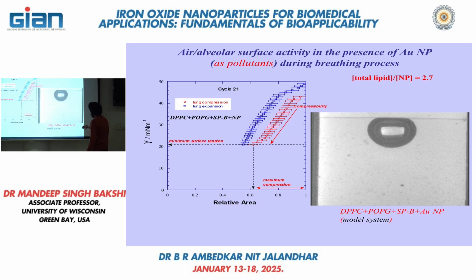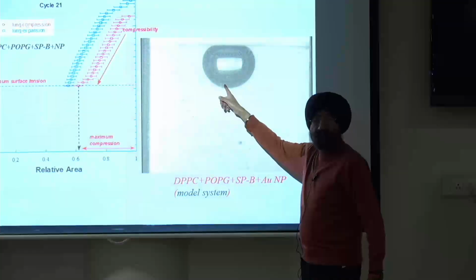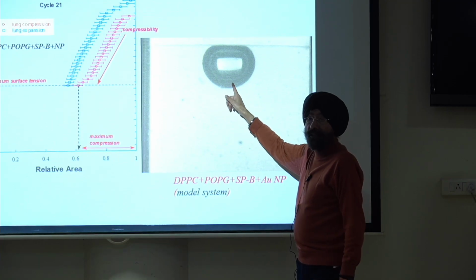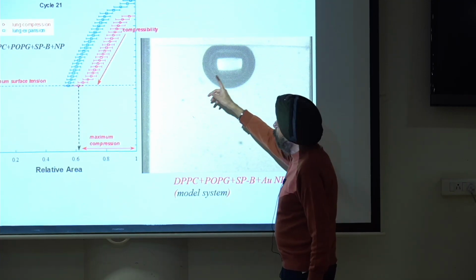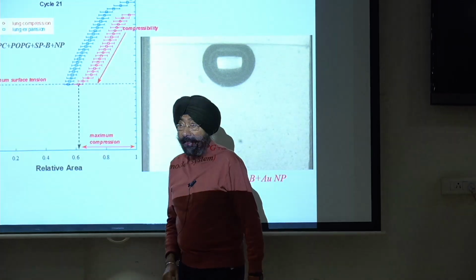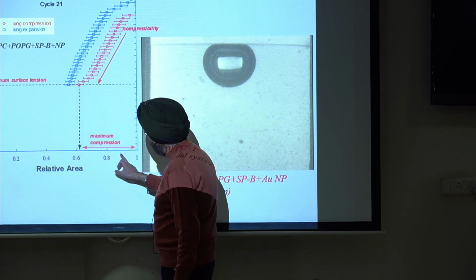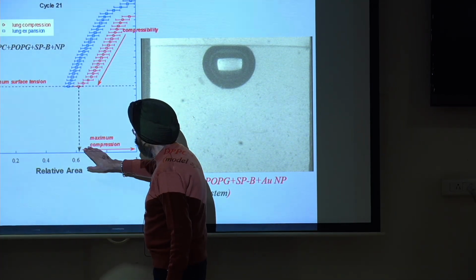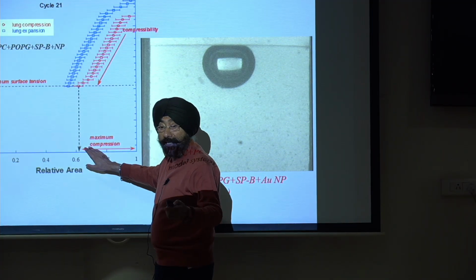Now this suspension we injected into our artificial lung or artificial alveolus. And we performed the same experiment, expecting that after the compression, the surface tension should reduce close to zero as it was happening earlier.